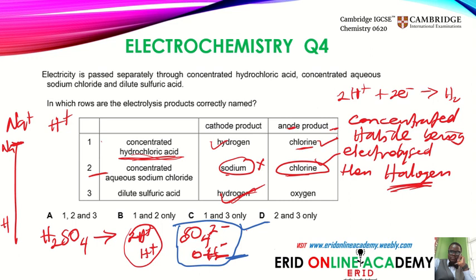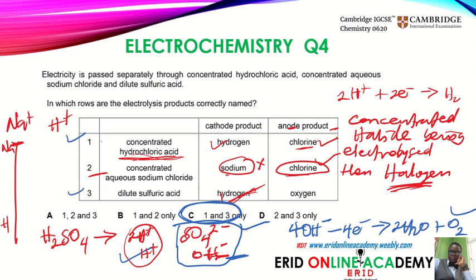And when hydroxide is discharged, don't forget, 4 hydroxide ions losing 4 electrons produce 2 moles of water and 1 mole of oxygen. So oxygen is discharged at the anode, while hydrogen is discharged at the cathode. So 3 is correct, 1 is correct. So your correct answer here is 1 and 3 only.